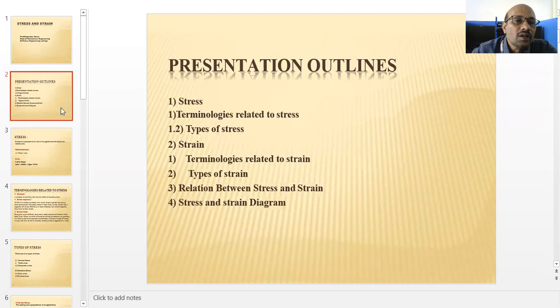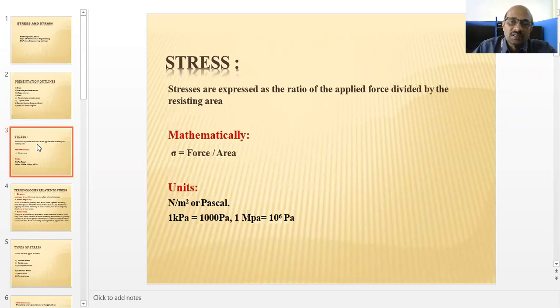Now in this presentation, we will discuss what stress is. Stress is defined and expressed as the ratio of applied force to the resisting area.